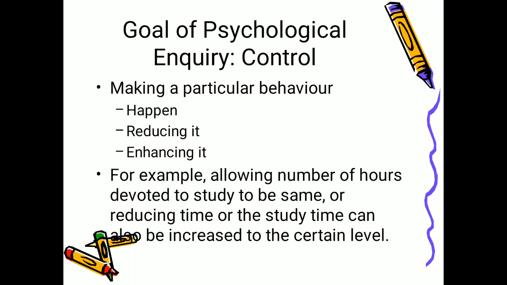So it is very important to control things as well. Control is where you make a particular behavior happen, reduce it, or enhance it. When you control a behavior, you either reduce it or you strengthen or increase that particular behavior.